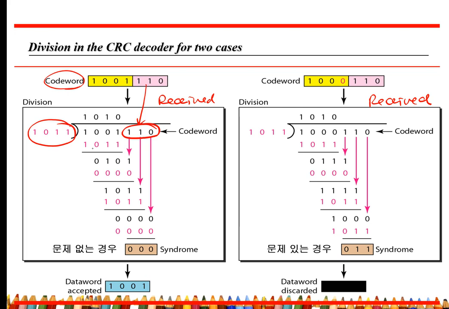It's 1 times 1011. Then 0 1 is different, right? So 1 and 1 is 0. So 0 1 0 1, like this, and then 0 0 can be multiplied, right? 0 0 0. So 0 0 1, like this, and finally the remainder will be 0. That means the data frame that we received is correct.